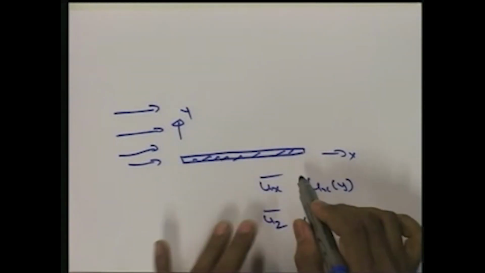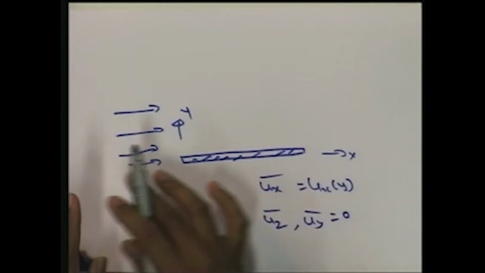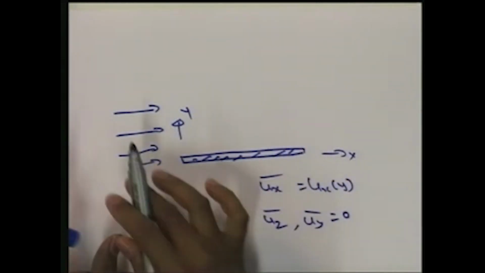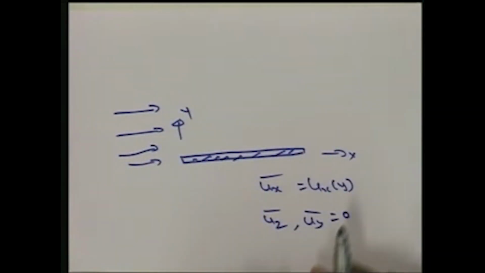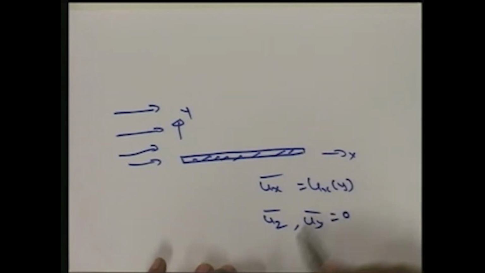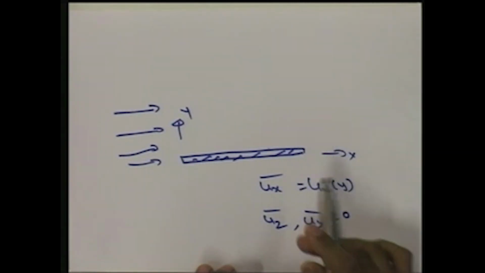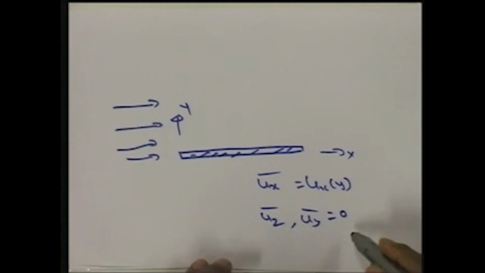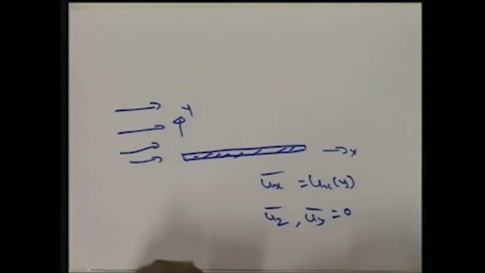So this is how he defined the problem. If this is a parallel plate, with flow over a flat plate, he considered the parallel flow such that u_x, the velocity in x direction, is a function of y, and the velocities in z direction and y direction are 0. He considered such a problem and tried to explain the turbulence happening with respect to this particular problem, so that the theory can be extended to other problems.